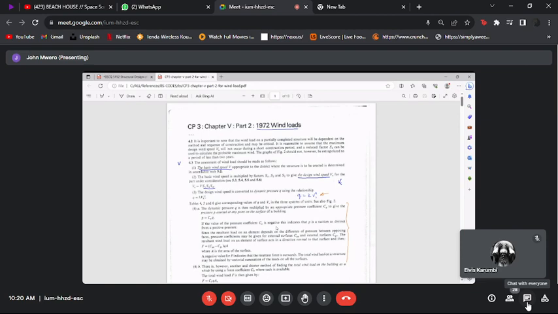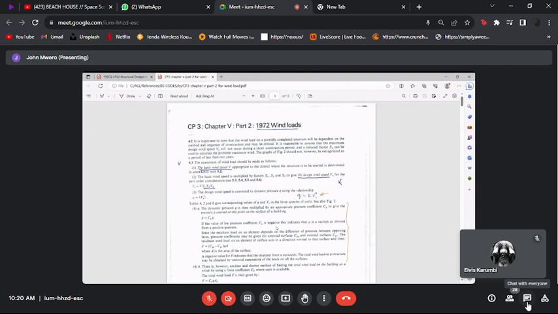There is need to make the basic wind speed, which is an overall number, into a site-specific wind speed, referred to as the design wind speed. That is the wind speed that we eventually use to design for the wind force on the building.